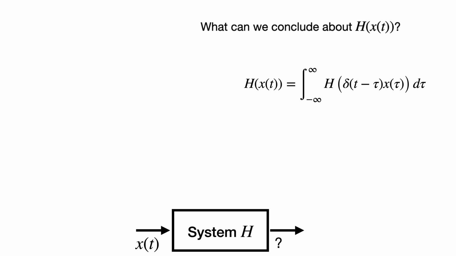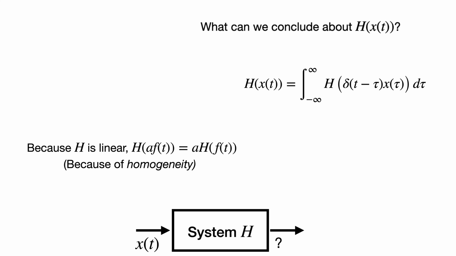The next thing to note is because H is linear, it obeys homogeneity. And remember, homogeneity and superposition are both baked into the definition of linearity, which means if we're applying H to a function of time times some constant, we can just pull that constant out and apply H to the function of time on its own. So looking at what we have up here on the right, what we're passing into H is two things. We're passing the product of a function of time, which is a shifted delta, and we're also applying x of tau.